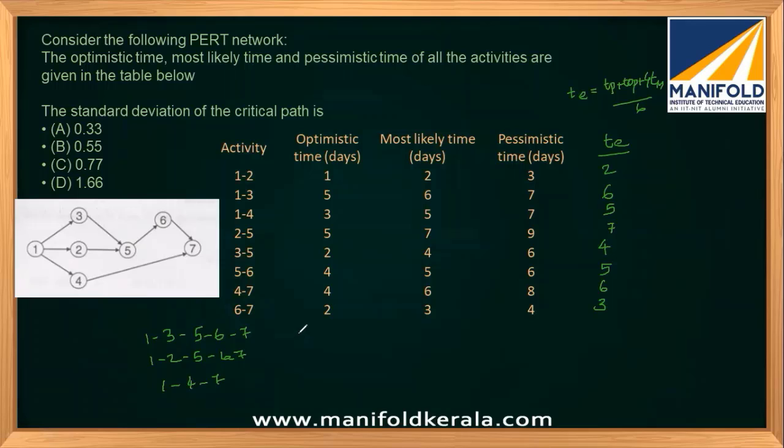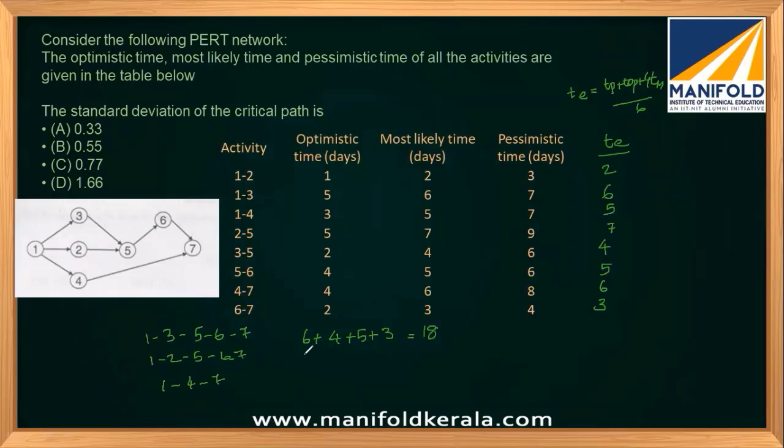So 1 to 3 is 6. Then 3 to 5 it is 4. 5 to 6 it is 5. Then 6 to 7 it is 3. So the total will be 9 plus 9, 18.